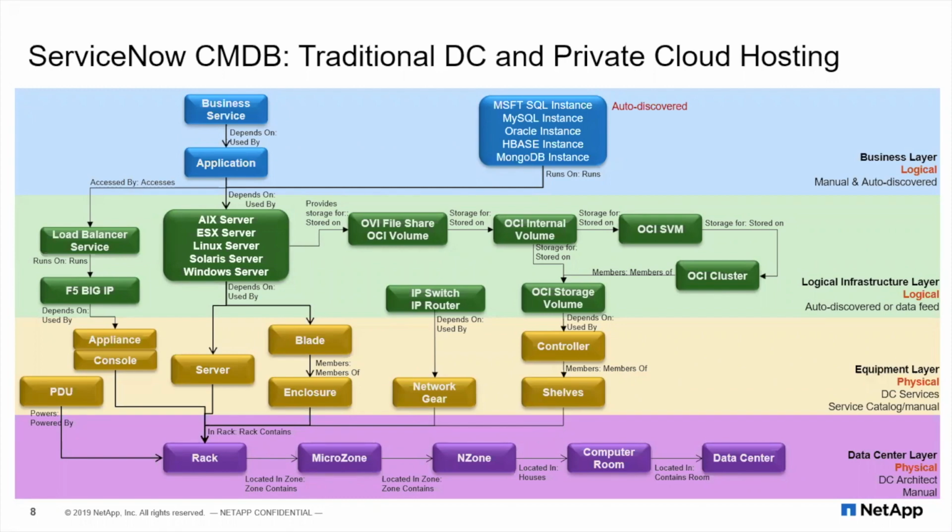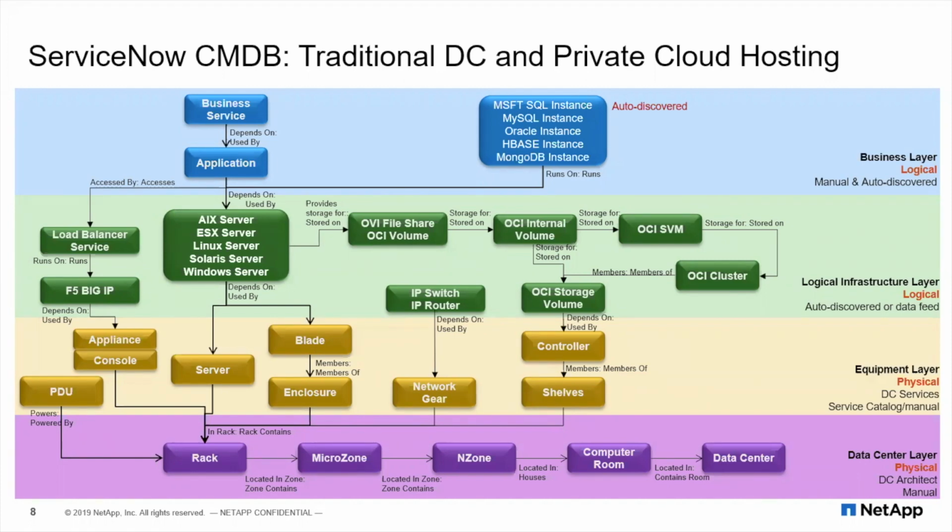Okay, this green layer here is really the biggest layer. In fact, it probably covers 90% of the data that's in the CMDB. I didn't even try to put all the types of data that can be captured here. And this layer is really made up of two things: data that is automatically discovered or put in there through the front end catalog.